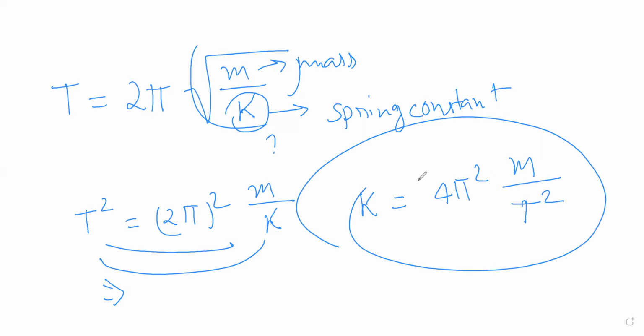Clear? So these are the topics for harmonic motion. And remember, for harmonic motion, you need to understand this: Fs equals minus k del y. This is called Hooke's law. Okay, this is called Hooke's law.